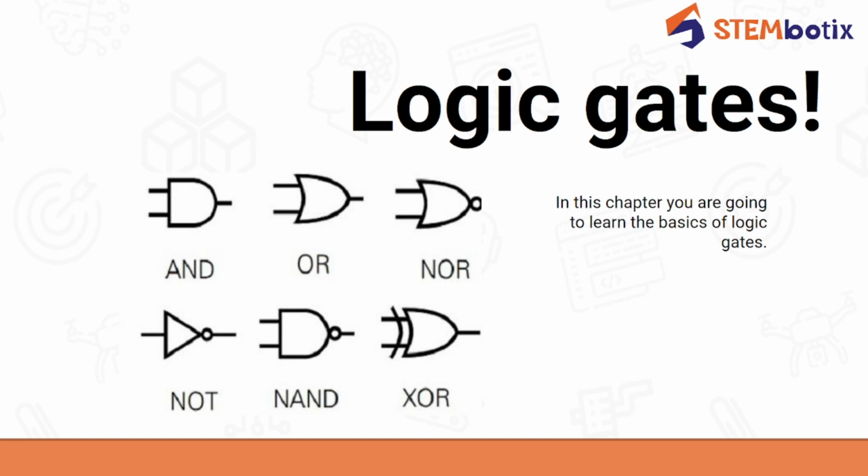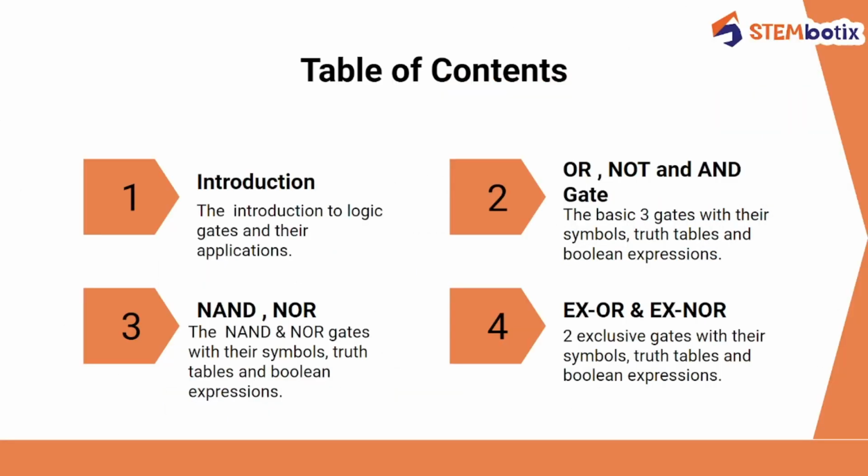This is particularly my favorite and also an interesting session. So, let's see the table of contents. This chapter is divided into four different parts. In the first part, we will see the introduction to logic gates and their applications.